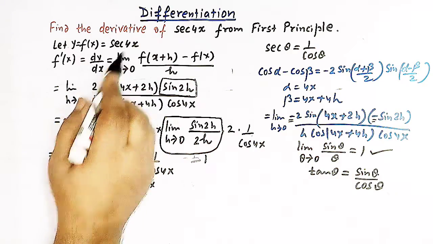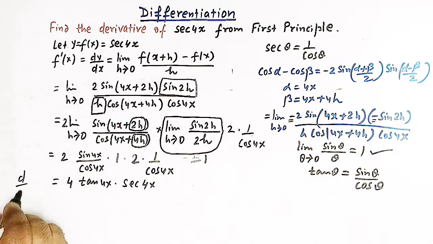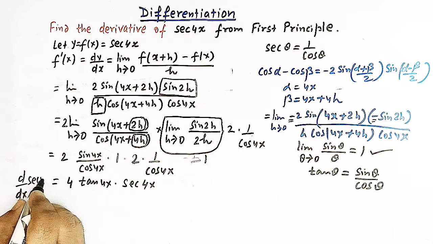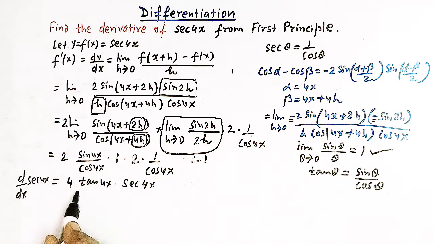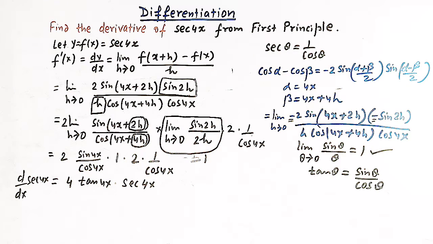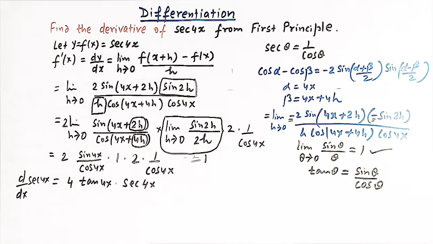So the derivative of secant 4x with respect to x is given by 4 times tangent of 4x times secant of 4x. So, viewers, this is how by making use of the concept of first principle, we can arrive at the derivative of the given function.